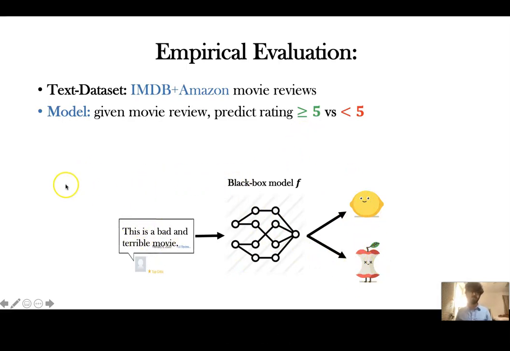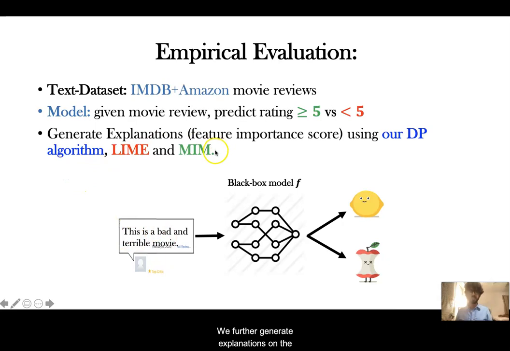We further generate explanations, the feature importance scores or linear decision boundary which approximates the actual decision boundary, using our differentially private algorithm, LIME and MIM, which are popular existing explanation algorithms that generate explanations without any privacy.